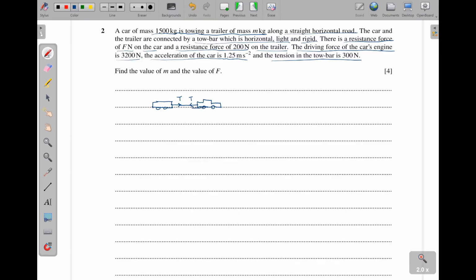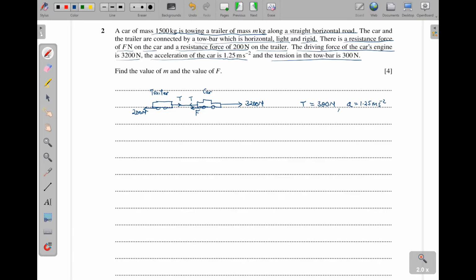Then there is a resistance force of F on the car. And this is our trailer. Then there is a resistance force of 200 newtons on the trailer. Then there is a driving force of 3,200 newtons. Now we are given the tension as 300 newtons and the acceleration as 1.25 meters per second squared.